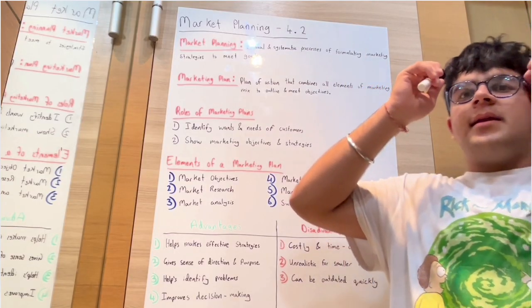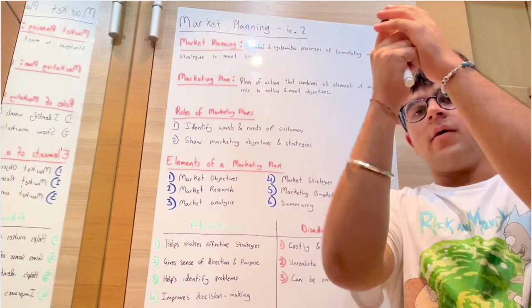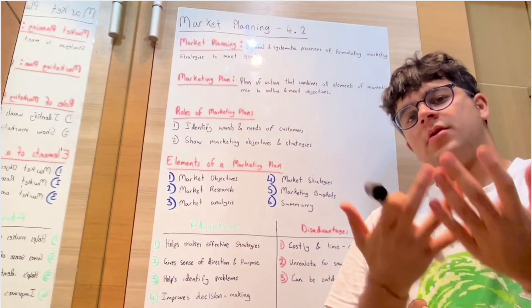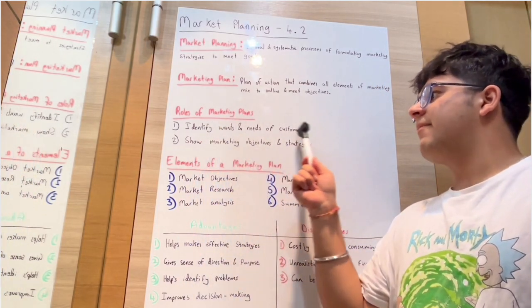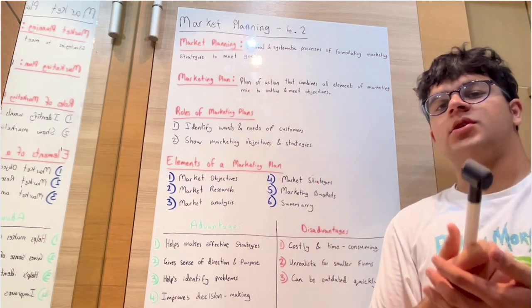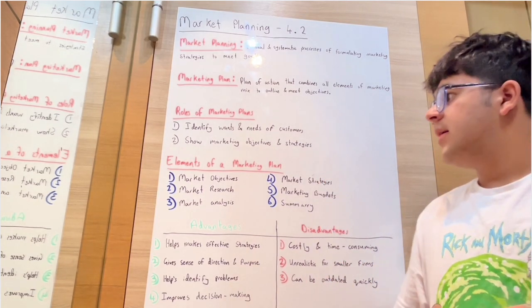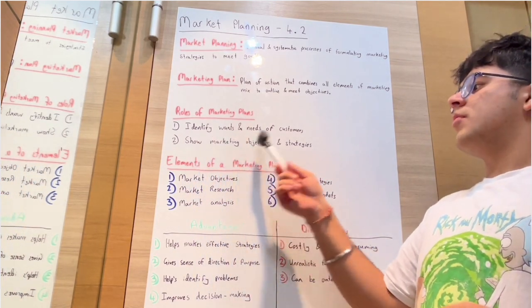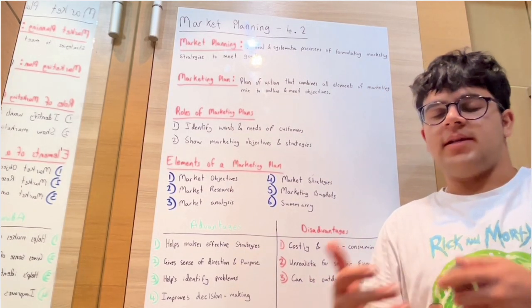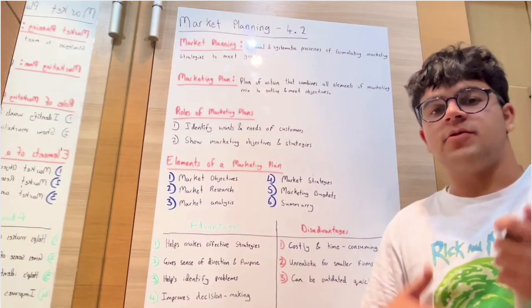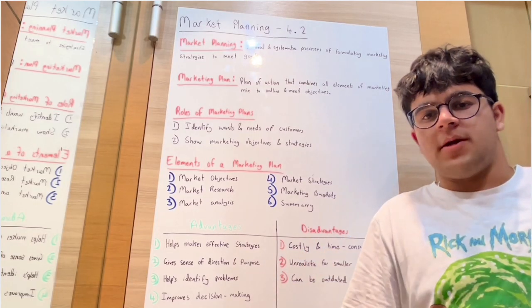A marketing plan is just a document of how you're going to market your business. So it has to identify the wants and needs, as that's just a plain role of marketing. And showing your marketing objectives and strategies is another role, because that's essentially what it is. You are just showing your objectives, you're showing your strategy, you're showing your marketing.